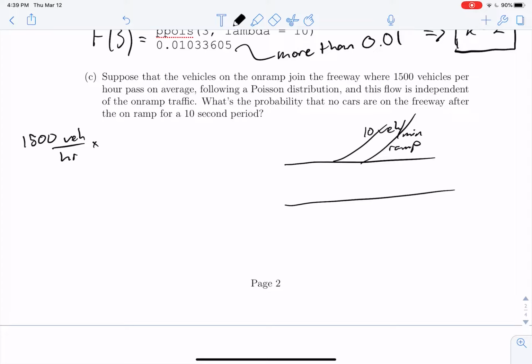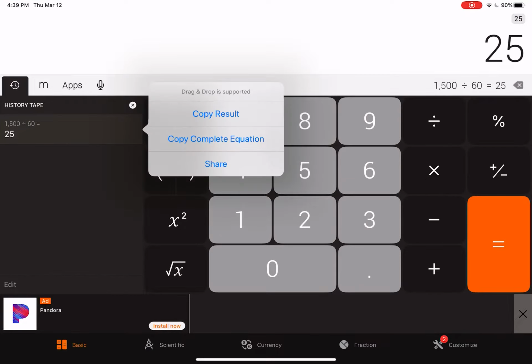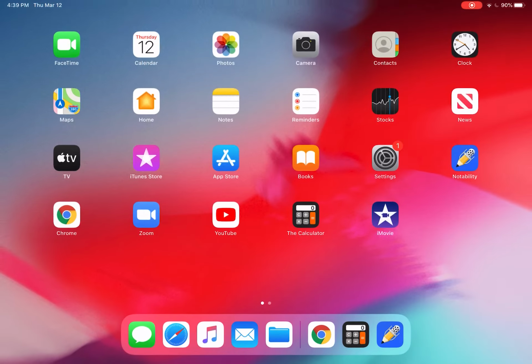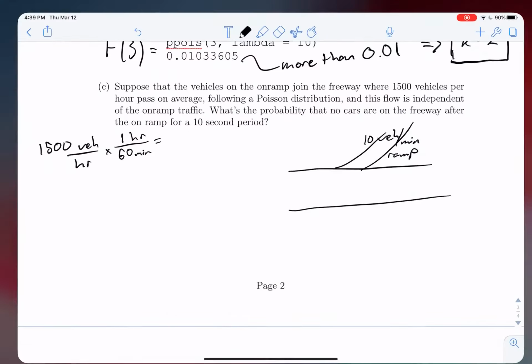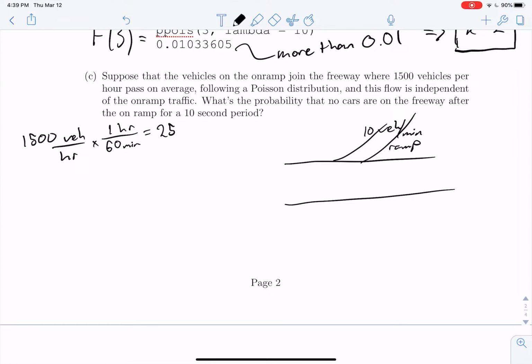So on the main freeway, we have 1,500 vehicles per hour, and in 1 hour there are 60 minutes. So 1,500 divided by 60 is 25. So this equals 25 vehicles per minute.